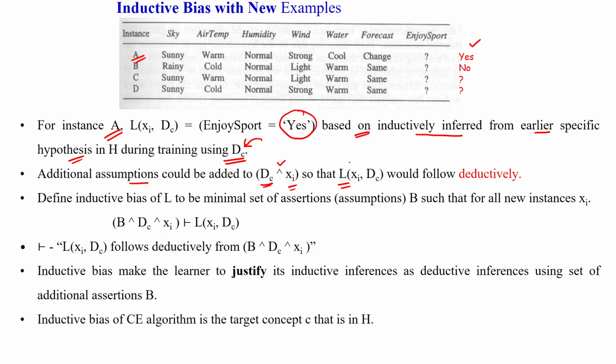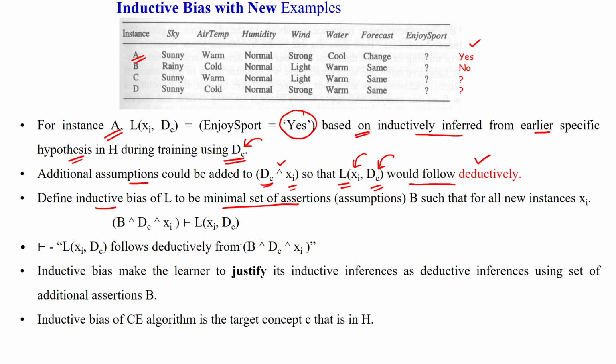For classifying the new data xi with respect to the already gained knowledge DC from the data set D, the result follows deductively. That is, it provides a minimal set of assertions based upon the inductive bias.